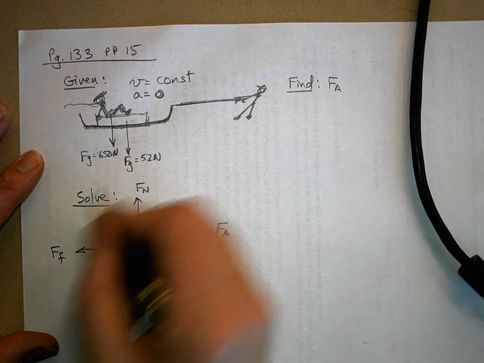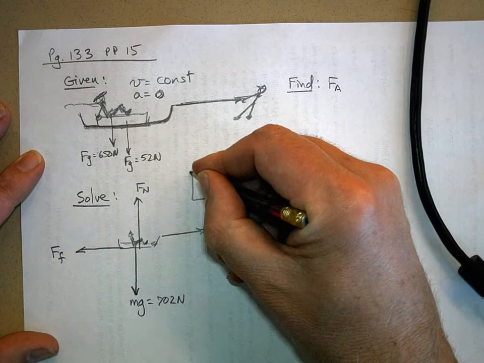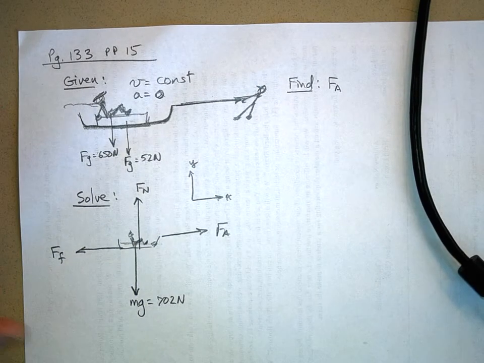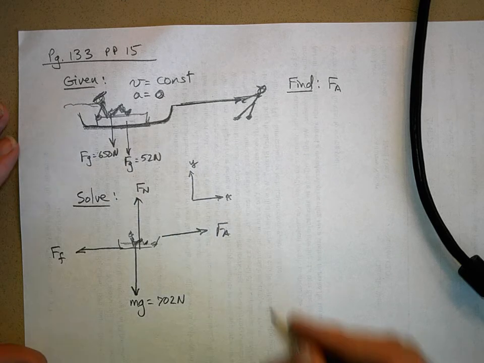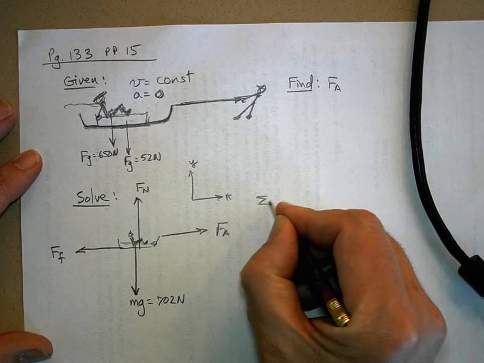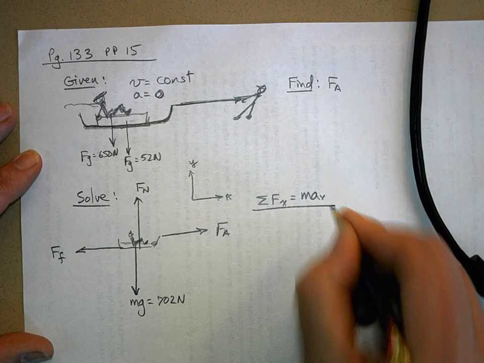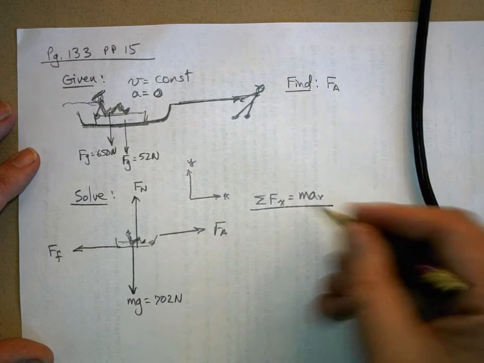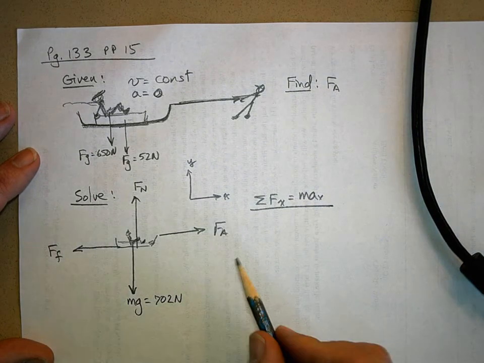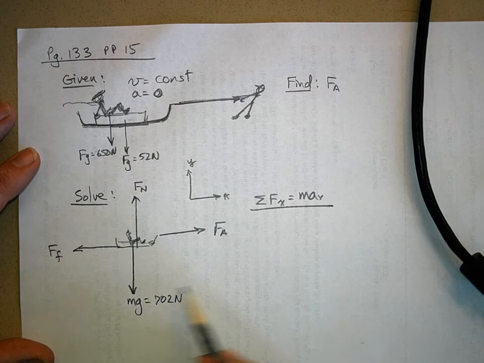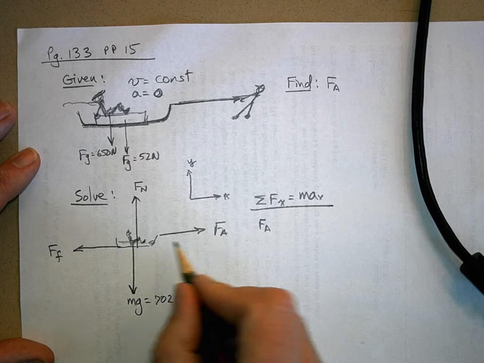So this is step 2. Step 3, identify your X and Y direction. Now, step 4, we can apply Newton's laws to this problem. Let's sum the forces in the X direction, which will be equal to MA in the X. I always write this out, and then I put an underline, and then I do all my X direction work underneath here. I look at my free body diagram, and I go, okay, I've got FA going to the right.